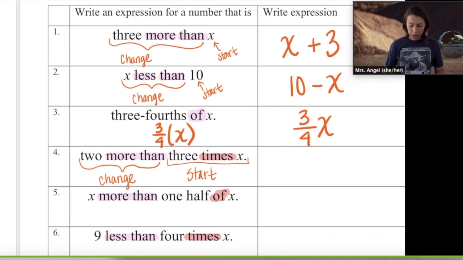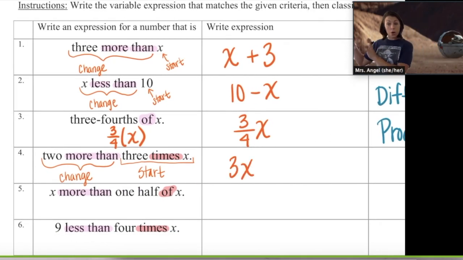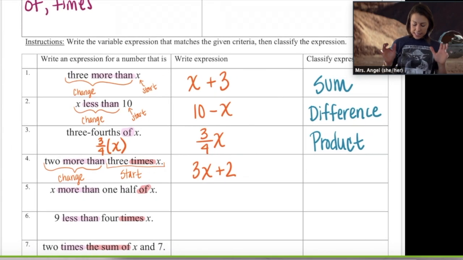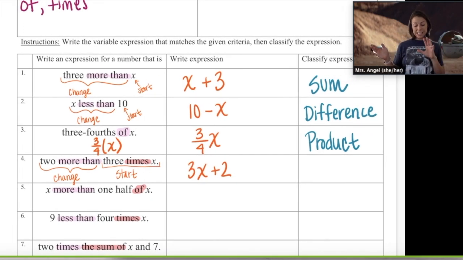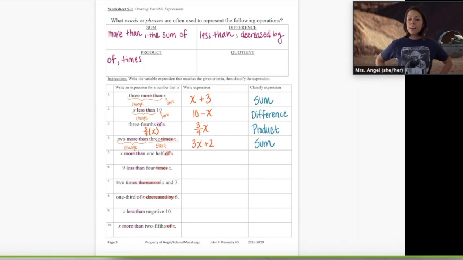So let's work backwards here. The starting value is 3x. 2 more than that means I'm adding 2 onto 3x. Now this has a mixture of multiplication and addition, but how would we classify the whole expression? This would be a sum because that addition is outside of parentheses. Why don't you try the next ones on your own?